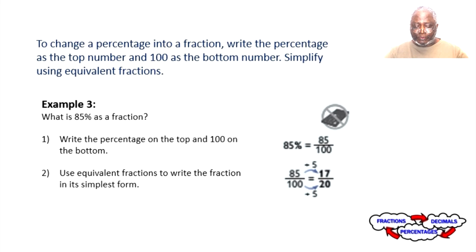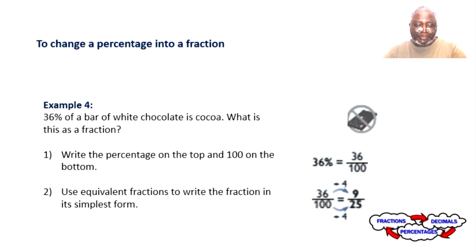And then you change it into an equivalent fraction by dividing the top and the bottom until you get to the lowest possible form. So 85 divided by 5 is 17, and 100 divided by 5 is 20. And that's your answer. That's how to change a percentage into a fraction.